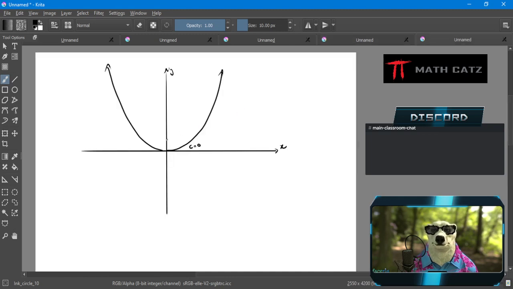Are you looking for this one? Ooh, little wobbly there. Which has c equal to 1, let's say. Are you looking for this one?